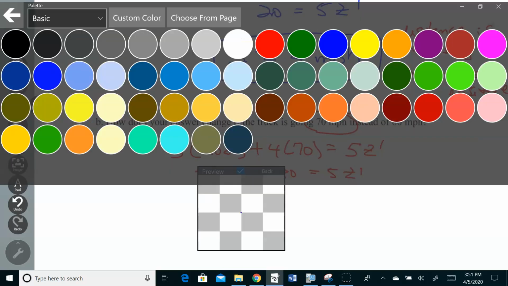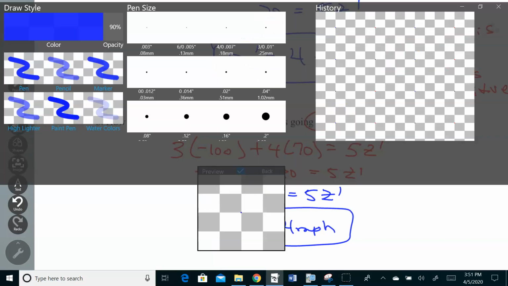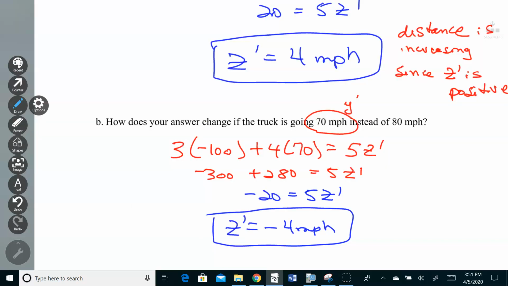And now I get negative 20 equals 5z prime, or z prime equals negative 4 miles per hour, which means this distance is decreasing since z prime is negative.